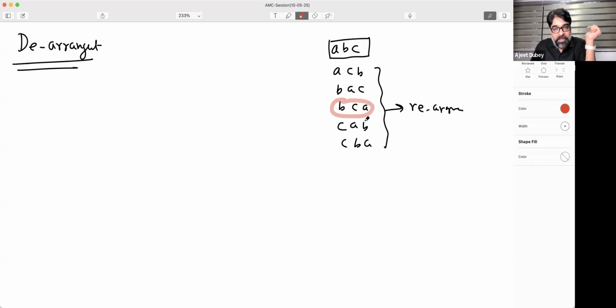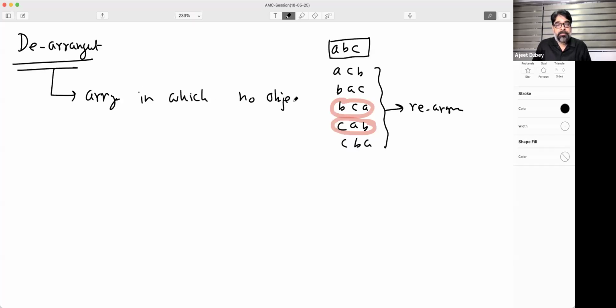In the rest, at least one of them is in the correct position. For example, A, C, B: do you notice that A is in the position it was in earlier in the main one? So derangement means an arrangement in which no object goes to its original place.